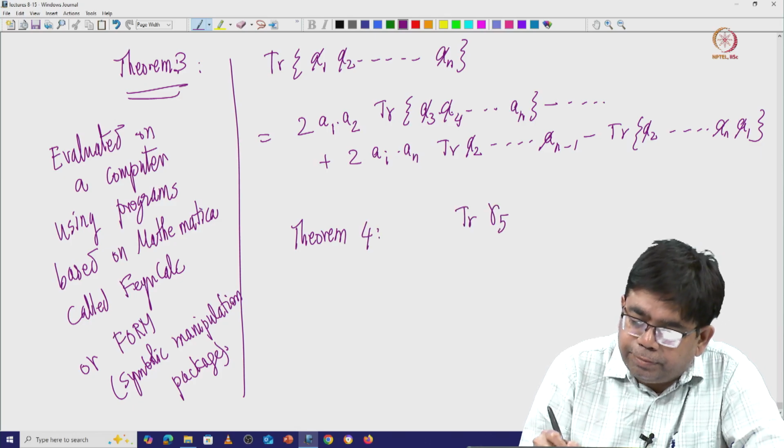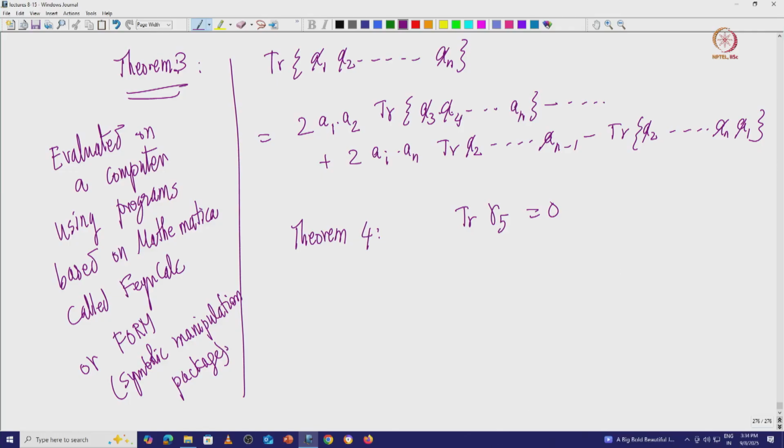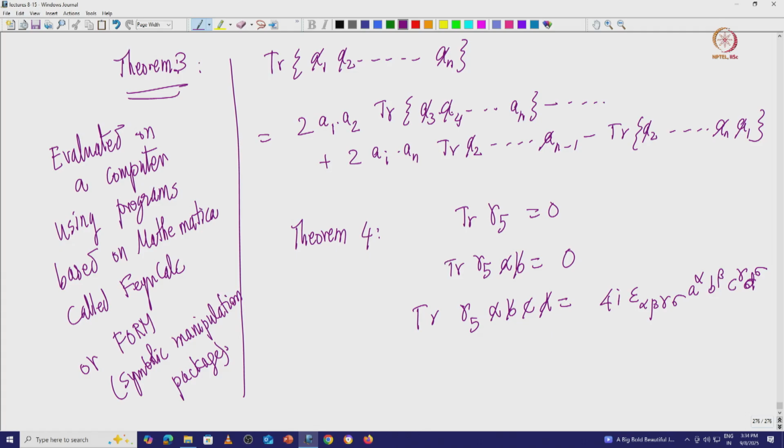Trace of gamma phi is equal to 0, gamma phi a slash b slash is equal to 0, trace of gamma phi a slash b slash c slash d slash is equal to 4i epsilon alpha beta gamma delta a alpha b beta c gamma d delta sigma essentially.